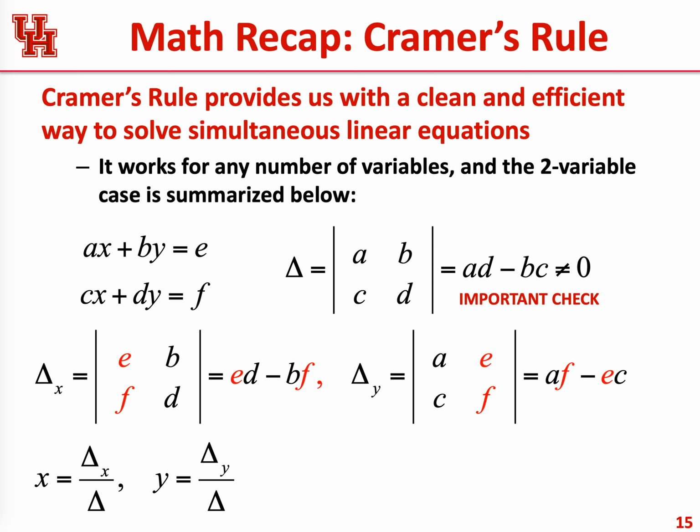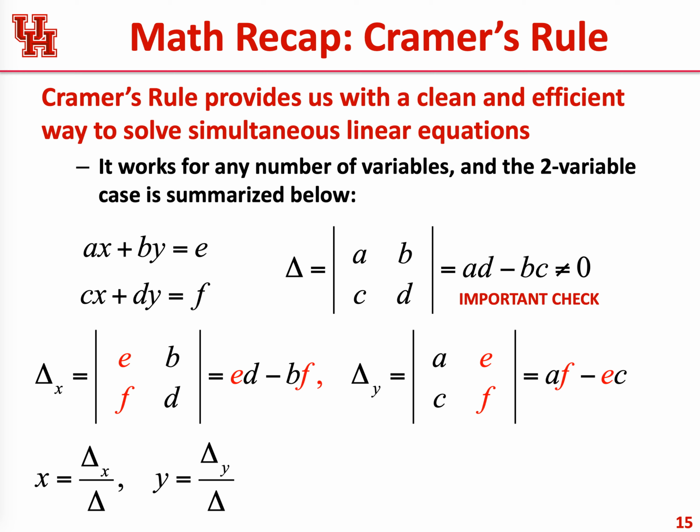Now, the solution for x is given by delta x divided by delta, which is ed minus bf divided by ad minus cb, provided delta is not equal to 0. If it's equal to 0, then this doesn't work. If I want to solve for y, I can get a very direct solution by doing the same exact thing, except I put the e and f where the y used to be.